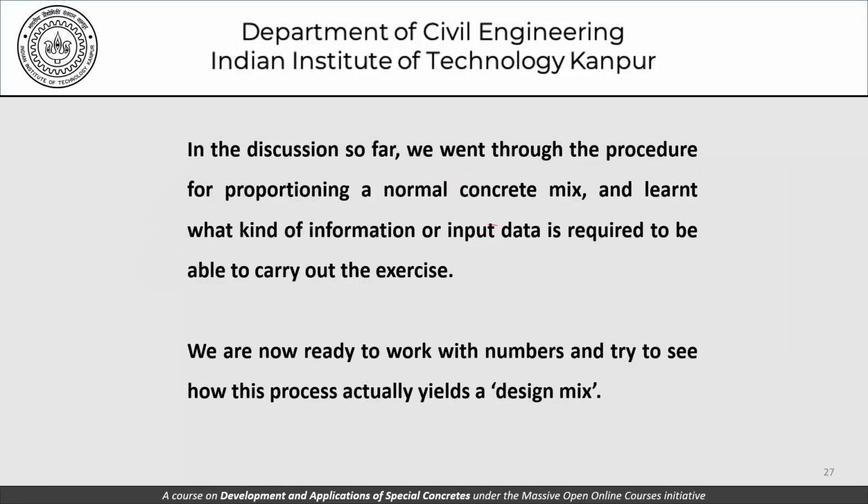So now, so far we went through the procedure for proportioning a normal concrete mix and learned what kind of information or input data is required to be able to carry out that exercise. And now we are ready to work with numbers and see how this process actually yields a design mix.